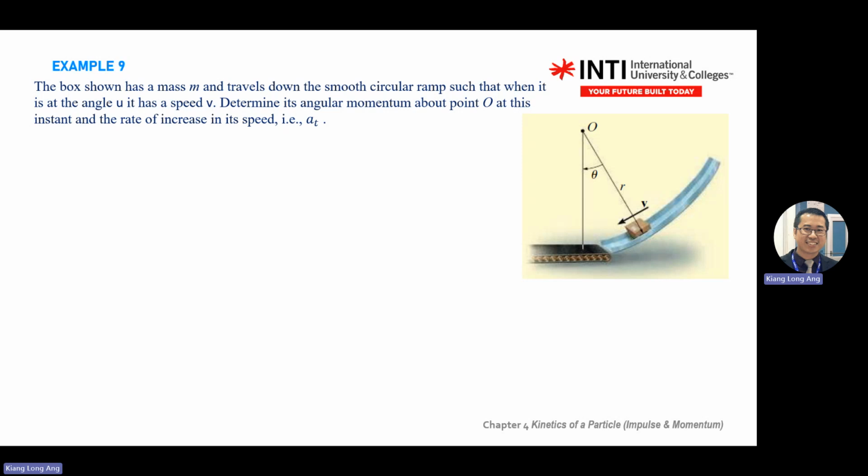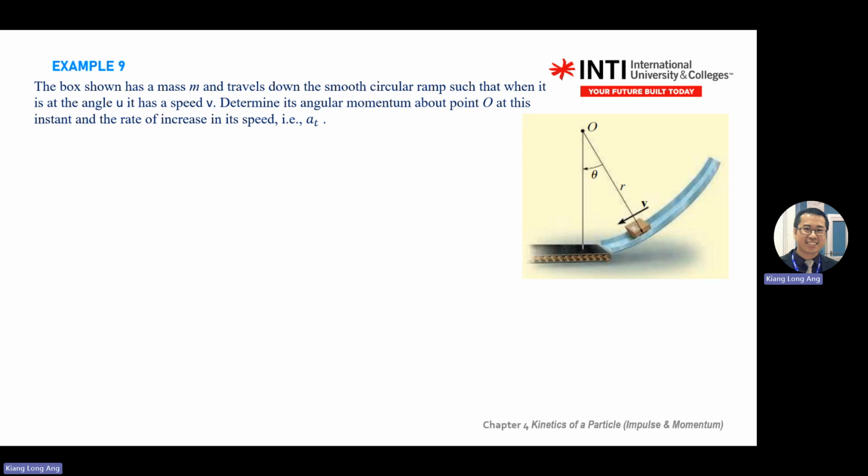A parcel with the velocity v and the distance of r. So this is a curvilinear motion with the r. For curvilinear motion, you have normal and tangent directions. So you can solve using normal and tangent directions until this point here and this here.